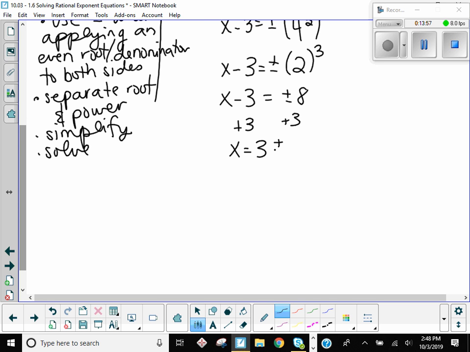But I don't want to leave my answer here because there's still more math that I can do. And if there is more math to do, you want to do it. This really represents 2 different equations. X equals 3 plus 8 and x equals 3 minus 8.